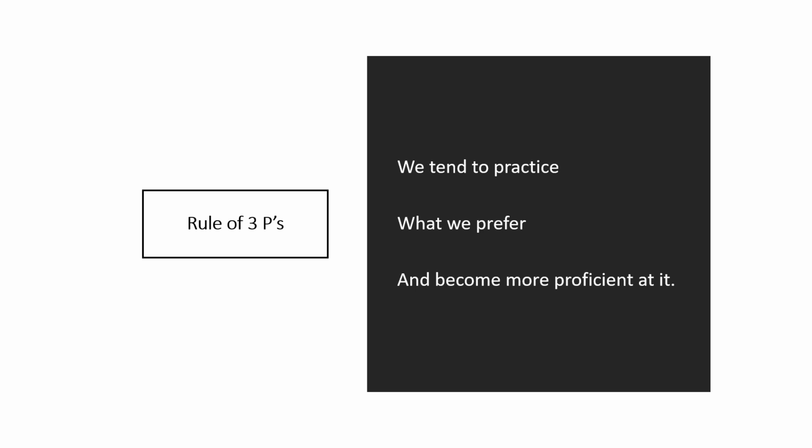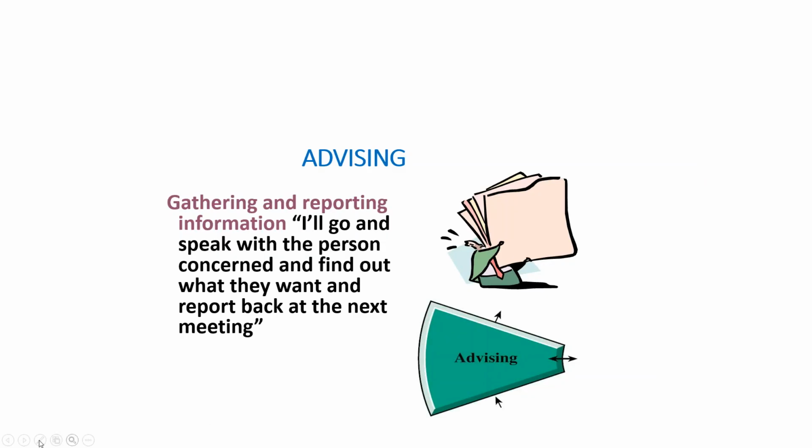Or it could be something that's really important, if you can harness it correctly. But because they practice it over and over again, because they prefer to do it, ultimately they become quite proficient in that way of thinking. So that really underpins the need to try to actually exercise some of these preferences that I'm going to share with you today.